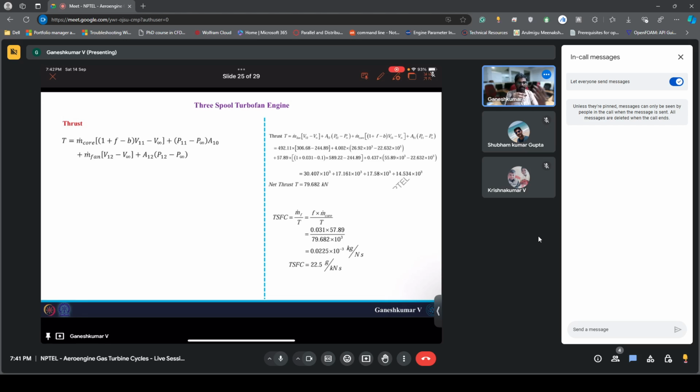The other reason is our V exit velocity also has decreased. So these are the two reasons why we should have a lesser thrust. On top of it, our exit pressure also has decreased, so that is also going to lead to a decrease in thrust.